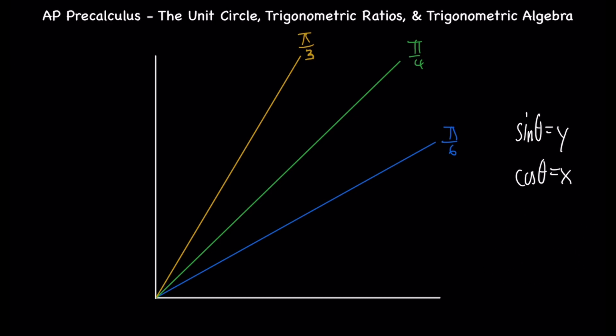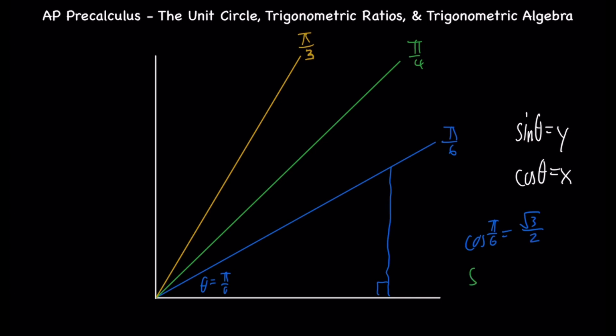So let's try to find the cosine and sine of pi over 6. So we have pi over 6 here. Well, when you find the cosine of pi over 6, if you put this into your calculator, you're going to get the square root of 3 over 2.